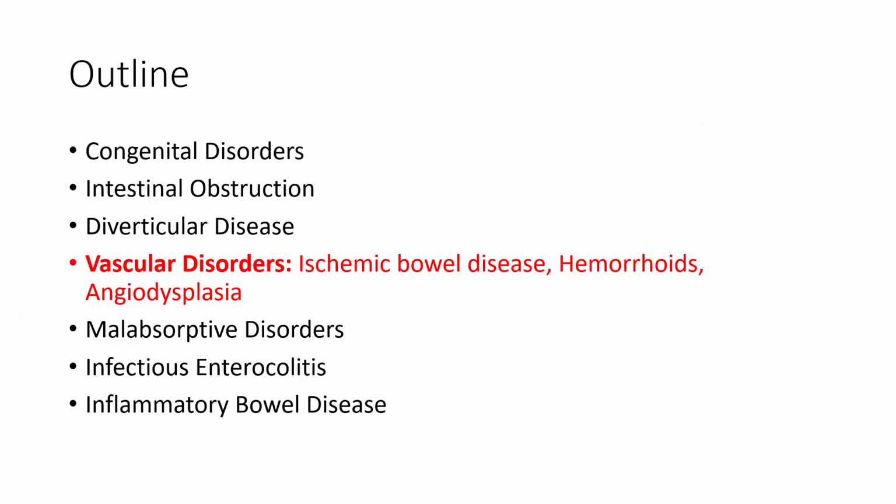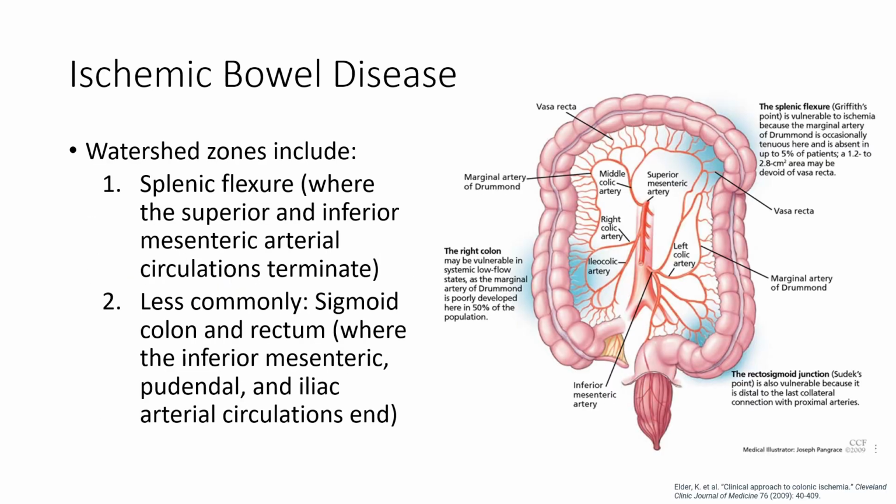Now we will briefly discuss vascular disorders, including ischemic bowel disease, hemorrhoids, and angiodysplasia. Ischemic bowel disease refers to ischemic injury affecting the small intestine and/or the colon. The majority of the gastrointestinal tract is supplied by the celiac artery, superior mesenteric artery, and the inferior mesenteric artery.